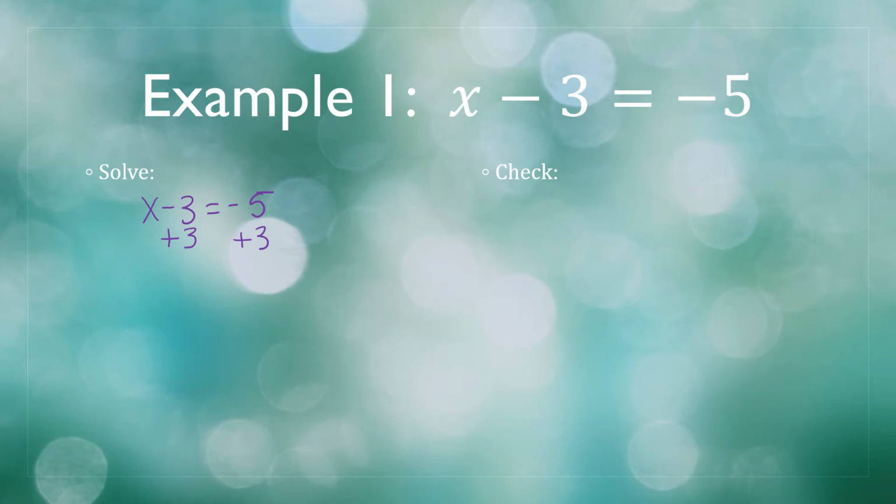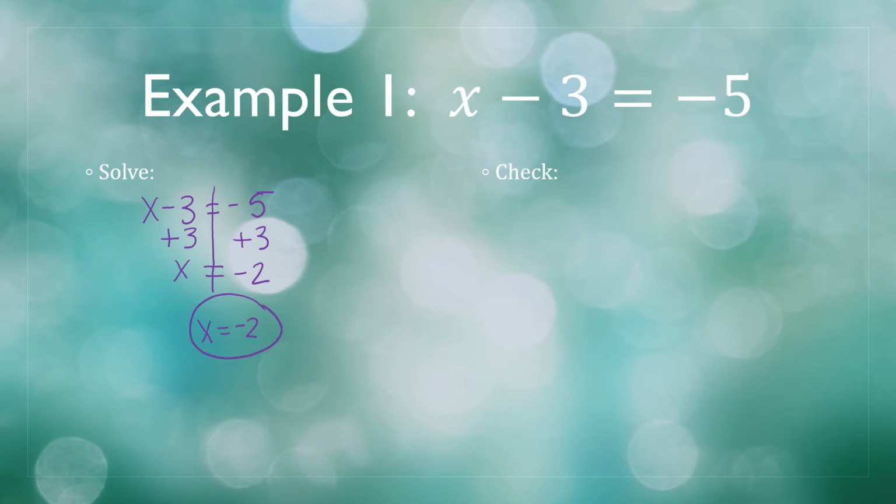If it helps, you can draw a line to separate both sides of your equation. x minus 3 plus 3 is just going to leave us with x, because a minus 3 and then a plus 3 cancel out and give us 0. And then we have a negative 5 plus 3, which gets us negative 2. So now that we've gotten the variable by itself, we have solved the equation, x equals negative 2.